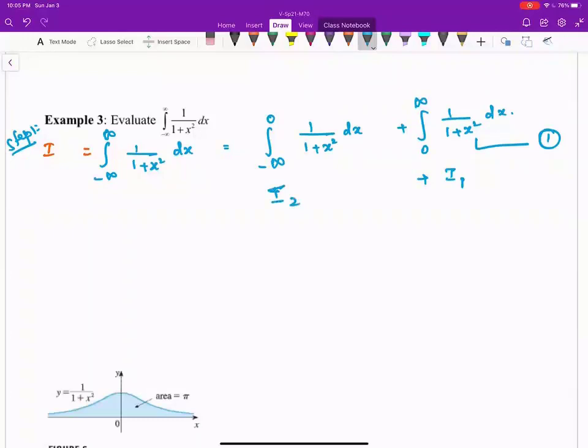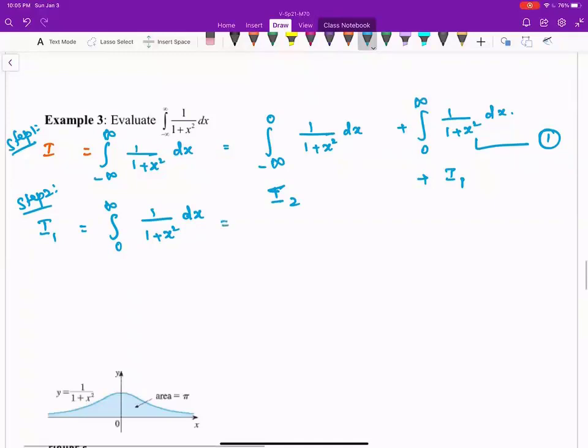I1 is what I'm going to be evaluating first, the integral from 0 through infinity of 1 over 1 plus x squared dx. It is an improper integral of type 1 because it's over an infinite interval.